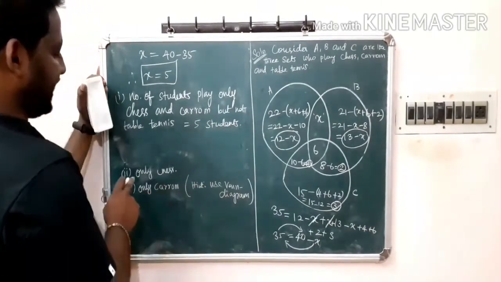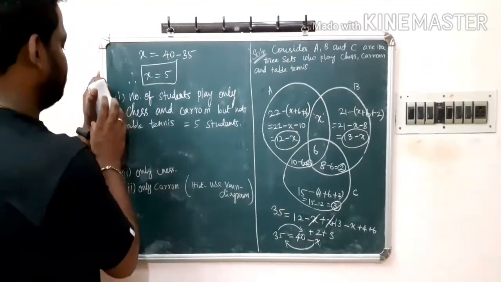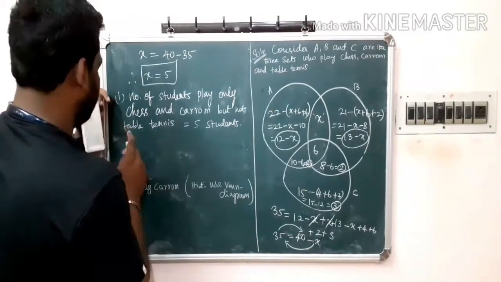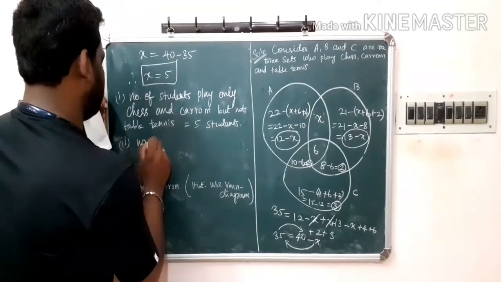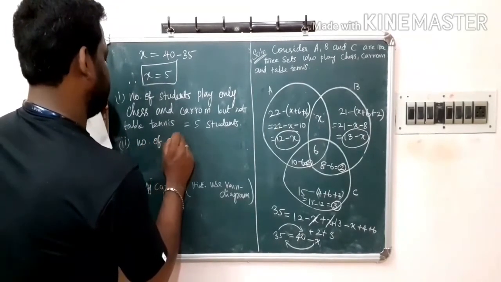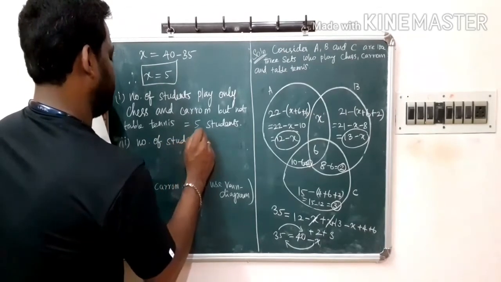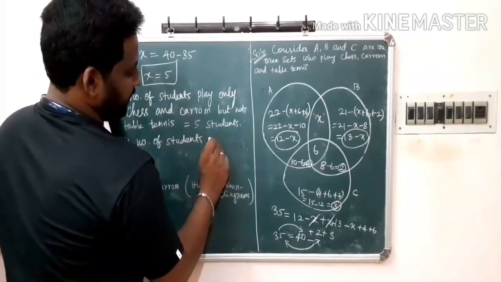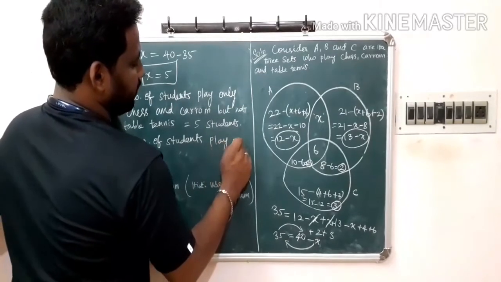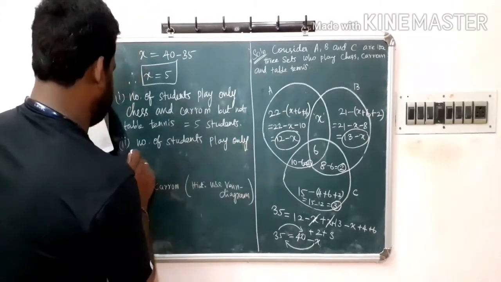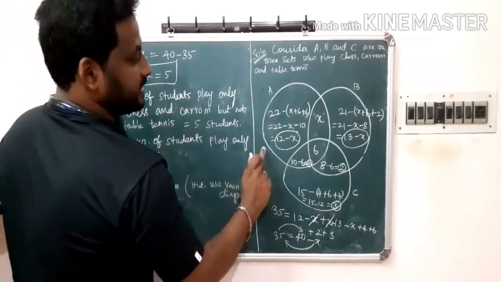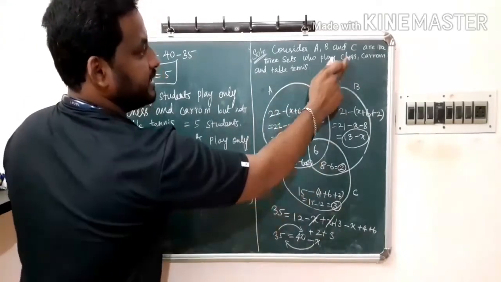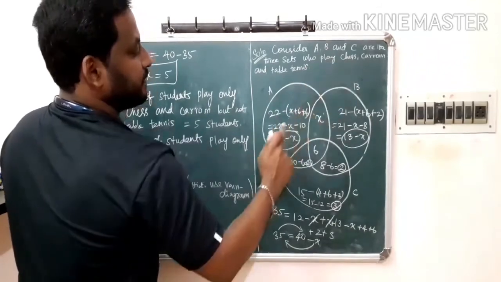And then the second one is only chess. So the number of students who play only chess. Only chess means here set A is chess.